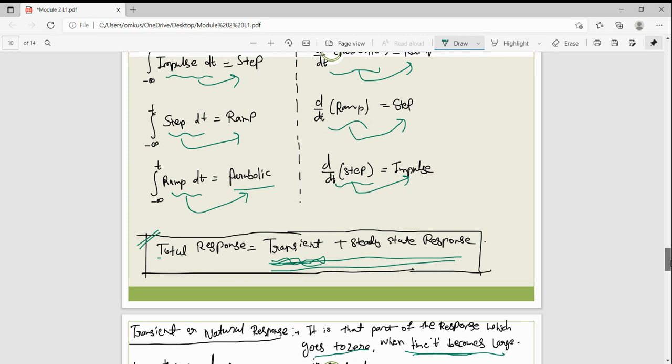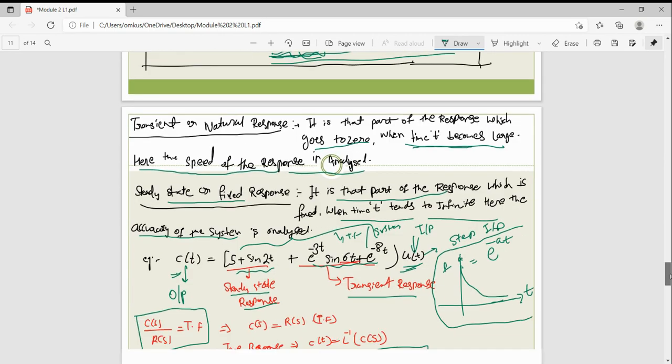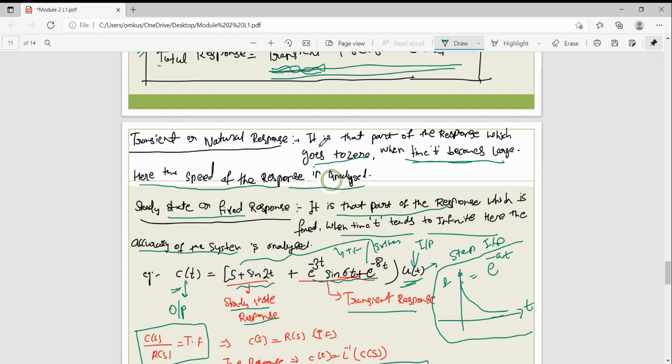And the steady state value is nothing but your final value. You can also calculate this value by putting the limit t tends to infinity, right? So this is the basic definition. Transient response is also called the natural response. It is that part of the response which goes to zero when t becomes large.